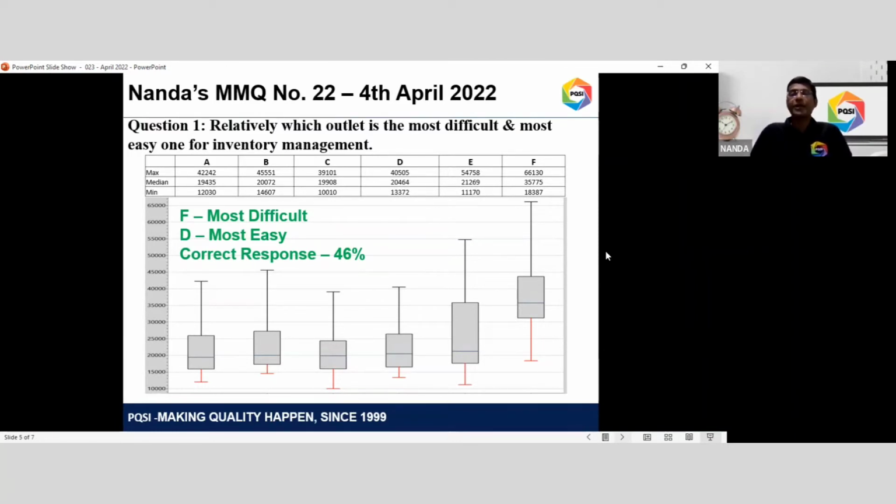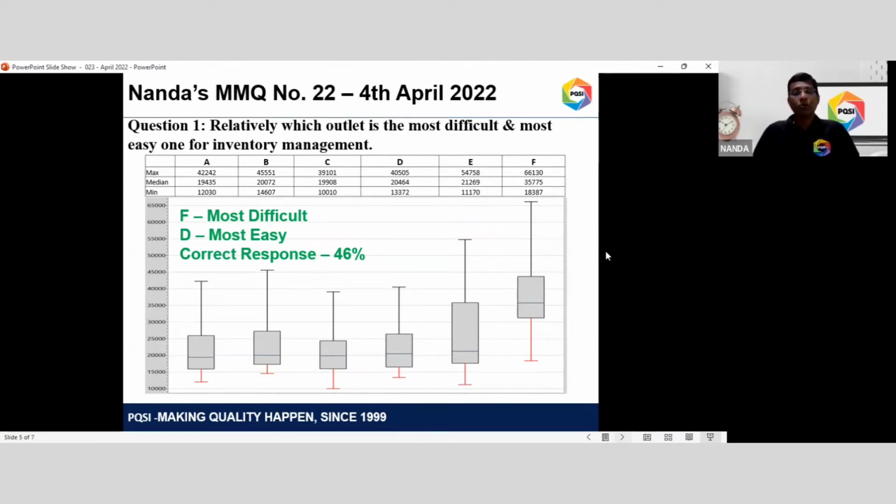It's not just putting a box plot and looking at it, but looking at how the business looks at it, what kind of business insights you can get when you draw box plots like this. That is the goal of any MMQ, and it was also the goal of MMQ-22 with respect to box plot.